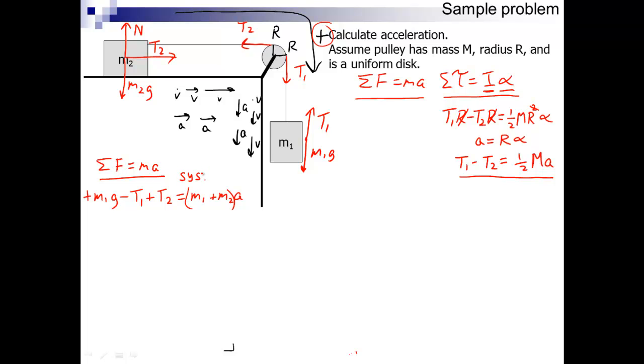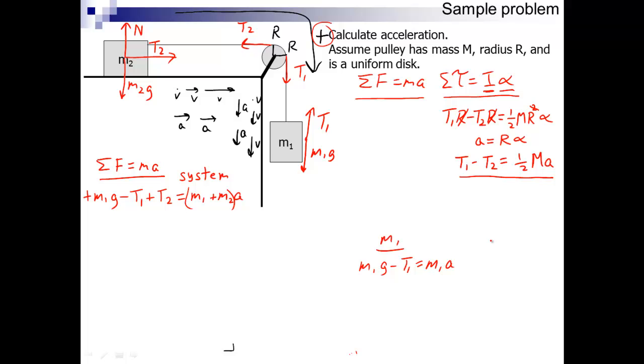What I want to do is also write out the equation for each object, because we never know when that might be helpful for us. So over here on the side, I'm going to write out the equation for M1. The equation for M1 would just be M1G minus T1 is equal to M1A.